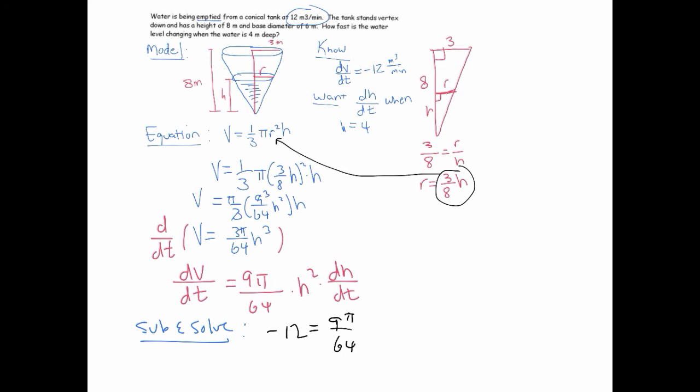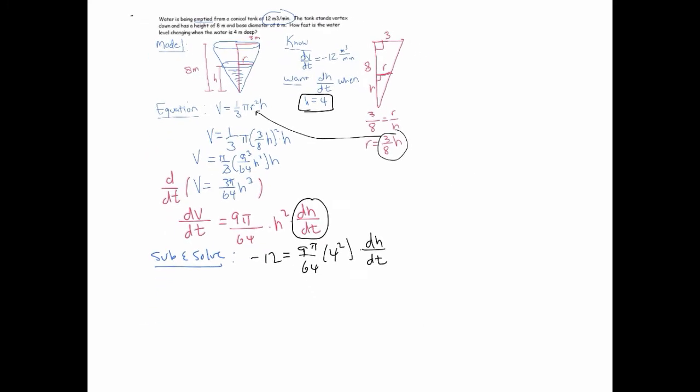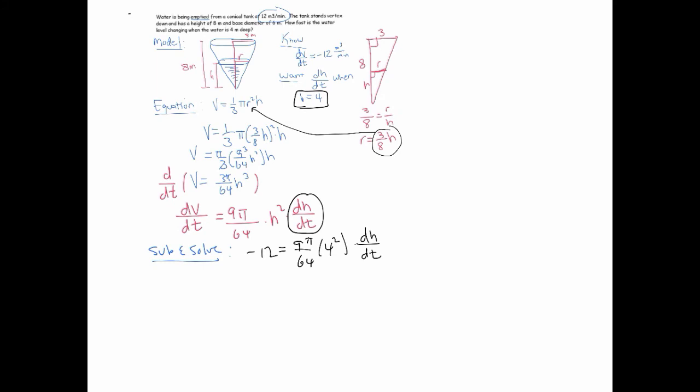Now, again, I'm trying to find dH/dt. That means there should be some way for me to find h. Well, at the instant that h is 4, because that's when we want to find this rate of change, I can plug that right in. And now I can solve this equation for dH/dt.